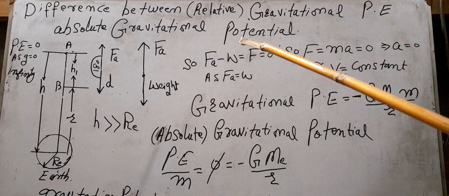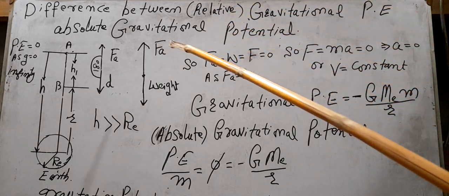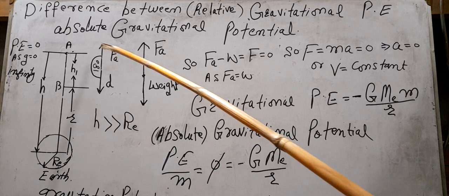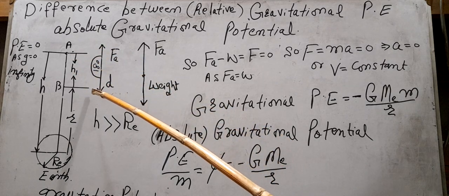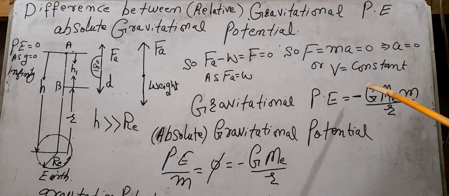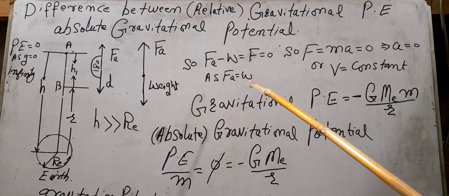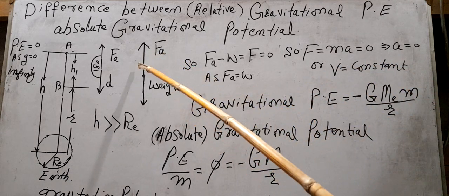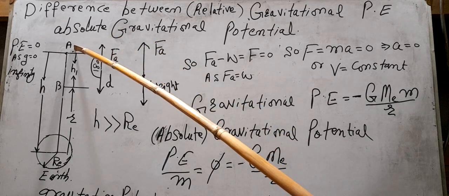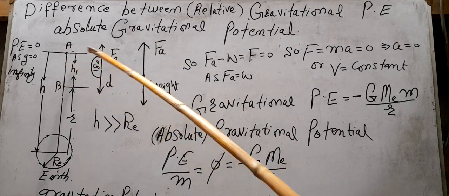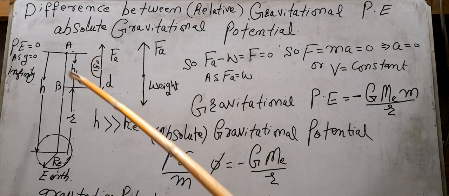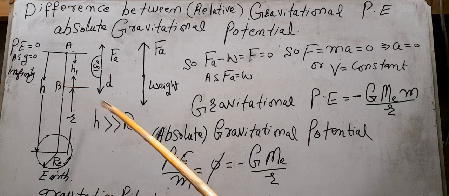We want to convert our applied work only into the potential energy of the body, and we don't want our work to increase the kinetic energy of the body, so we keep the velocity of the body constant. Our applied force is still in the upward direction, but we are moving the body from A to B in the downward direction.